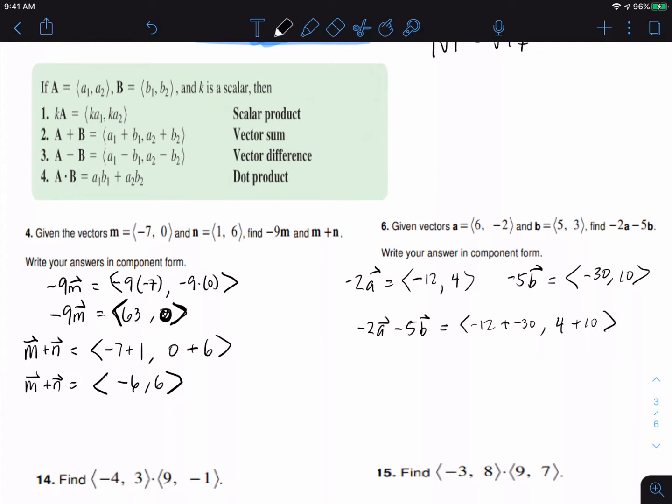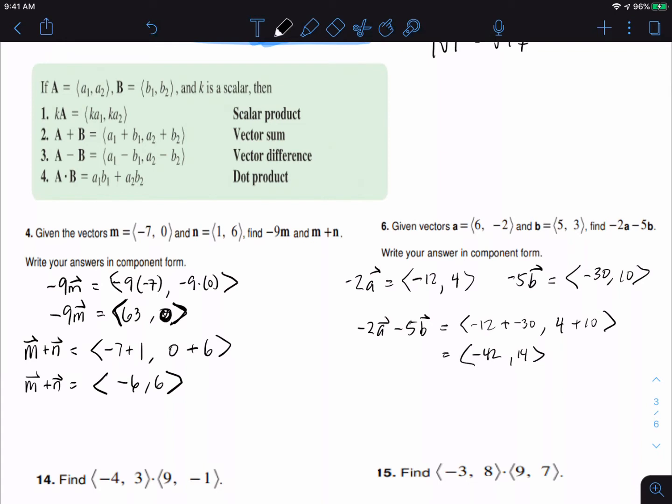Does that make sense? Or do you guys want me to show it so that I show the minus sign when I'm combining them? I could do it either way. I'll do it both ways so you guys can see. So this is going to be a negative 42, 14.